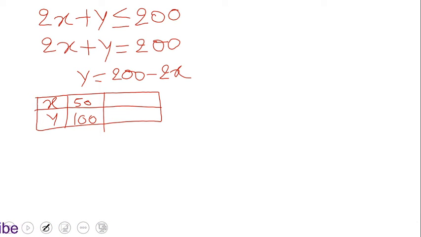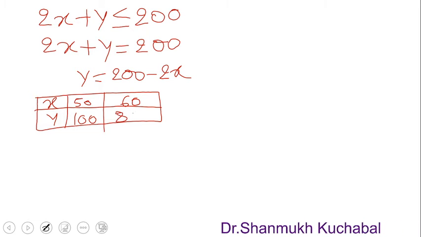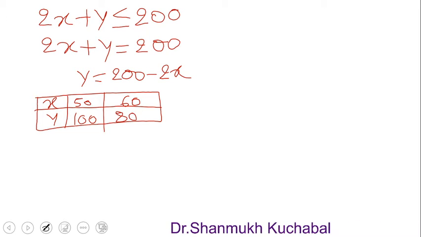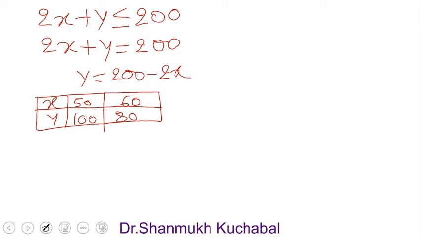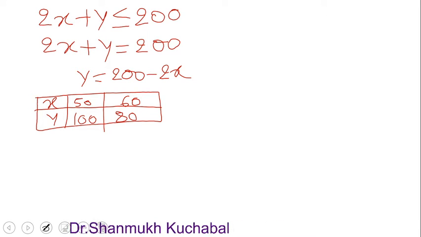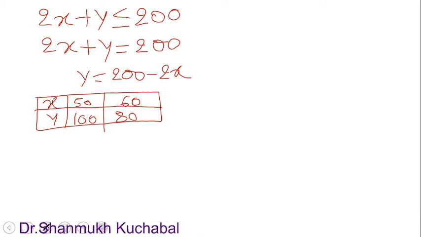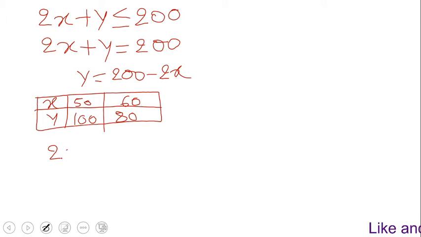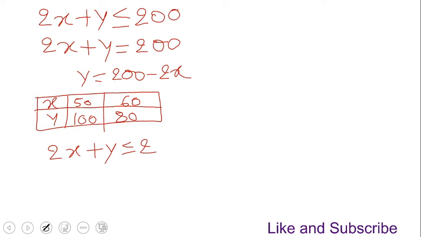Next x value I take as the next sharp value, 60. So I get the y solution as 80. How? 200 minus 2 into 60, 200 minus 120, so we get 80 here. Now I am going to take the inequality.